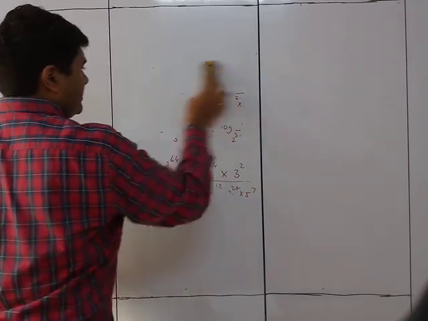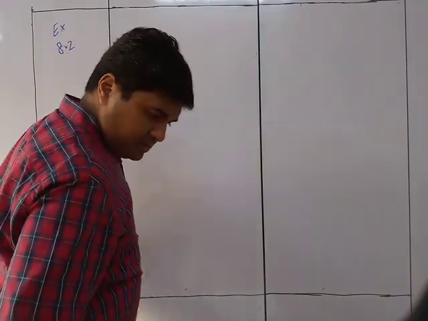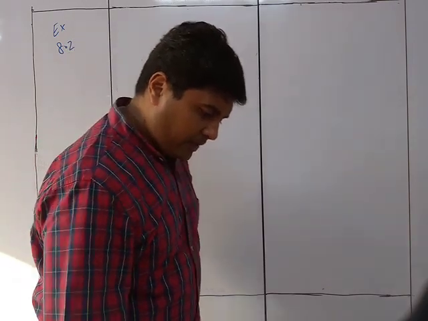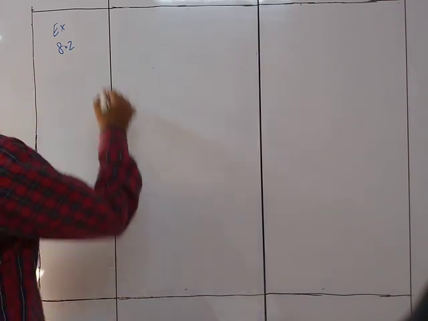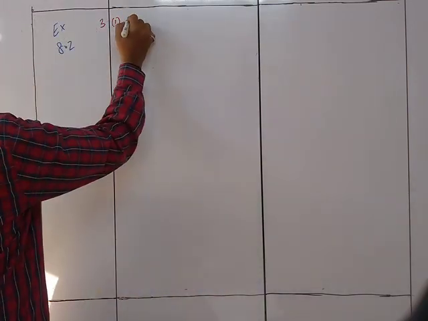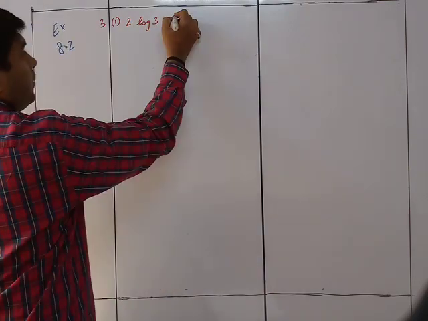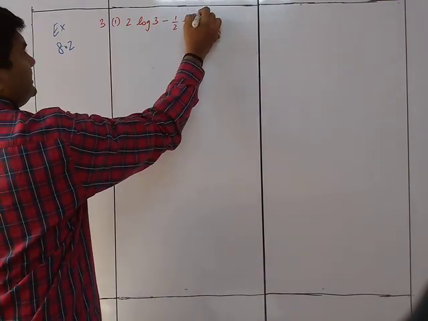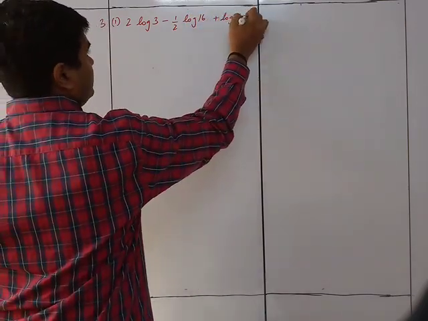Okay, moving to question number 3, sum number 1. So there are 5 questions here. We can go one by one. Question number 3, first one: 2 log 3 minus 1 upon 2 log 16 plus log 12.